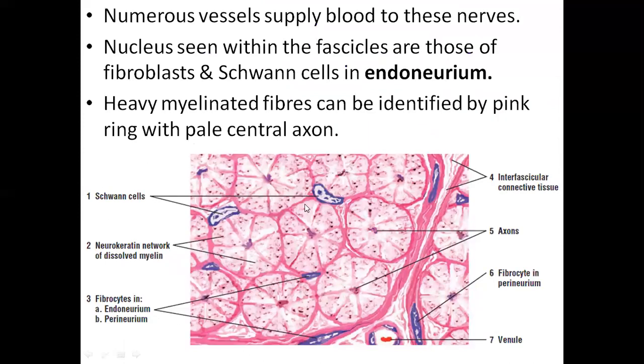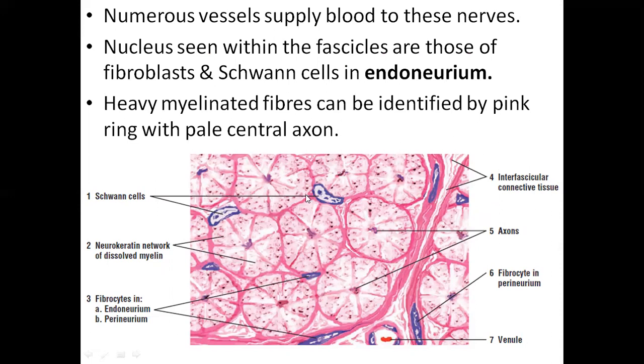Numerous blood vessels can be seen between these nerve fibers. Nuclei are seen within the fascicles here and there; those are fibroblasts and Schwann cells in the endoneurium.